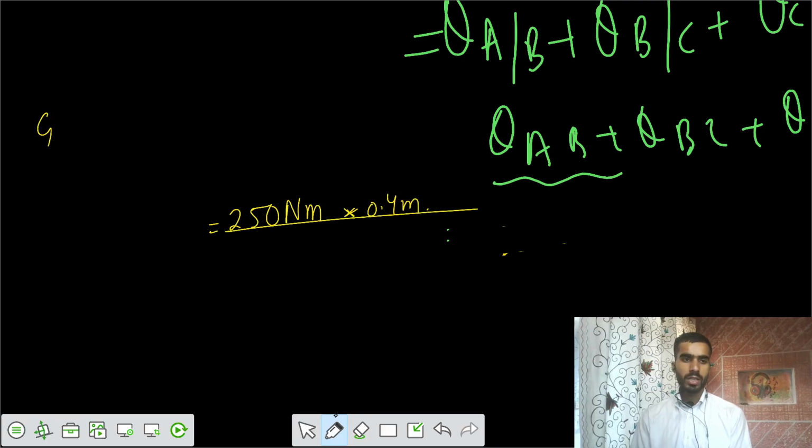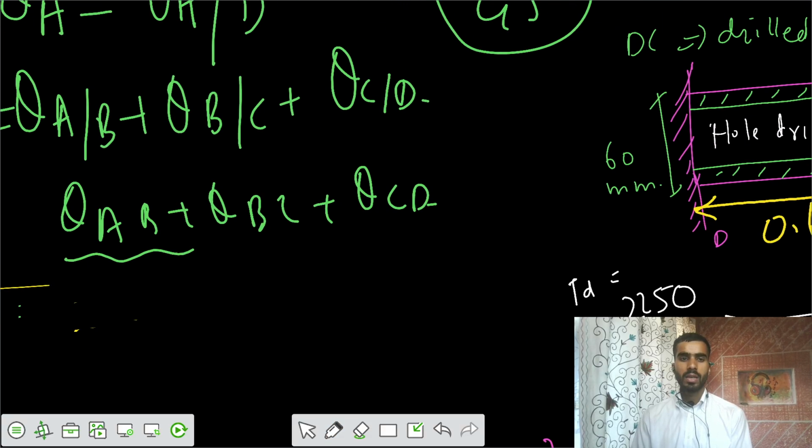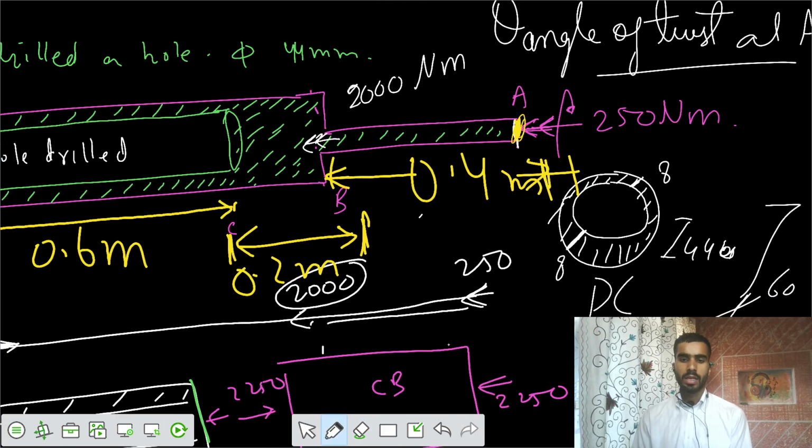Value of G is constant. Let's keep the value of G outside. That is 77 gigapascal. This is your value of G. That's constant for every term. And we have this part also, pi by 32, we can keep that also outside. So the value of J would be pi by 32 times diameter to the power 4. I have not given you the diameter here.